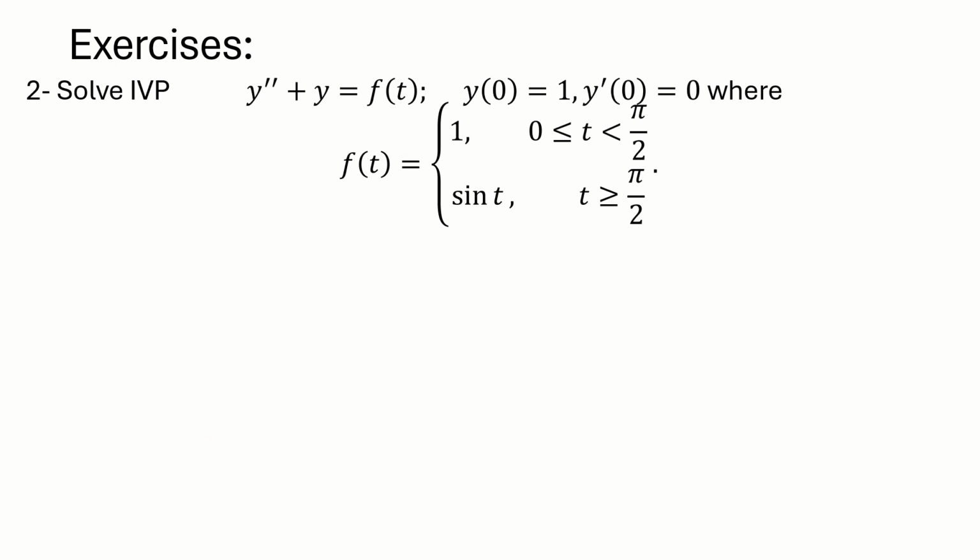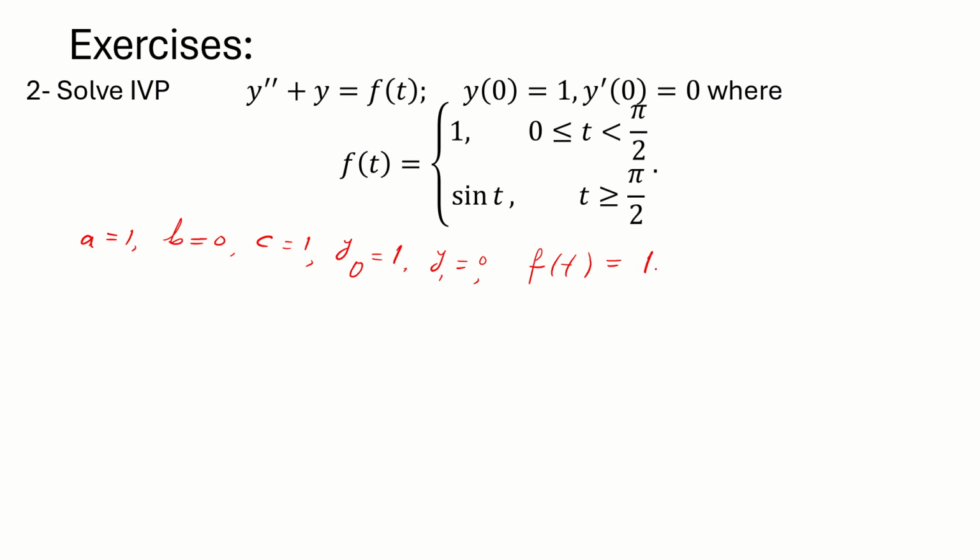Okay, so let's do this one now. Again, the same concept will be used here. First, a in this case is 1, whereas b is 0. C is equal to 1. Y naught is 1, whereas y1 is 0. F of t, which is again a piecewise defined function, will be written in the form of unit step function.